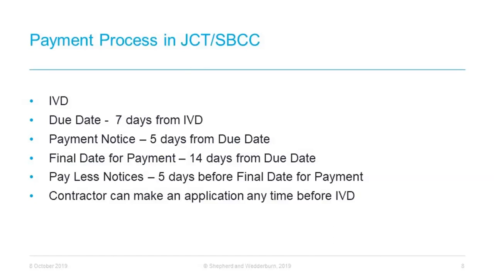In comparison, under the standard building contract, the contract administrator, which is normally the architect, must issue the interim certificate for that cycle, regardless of whether a payment application has been submitted by the contractor. If this is not issued, the contractor may issue a default payment notice at any time after the last date for the issue of that interim certificate.